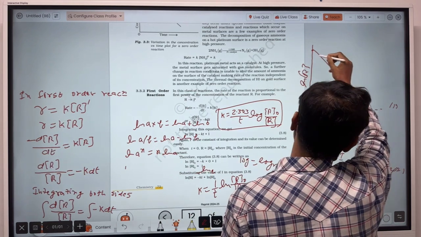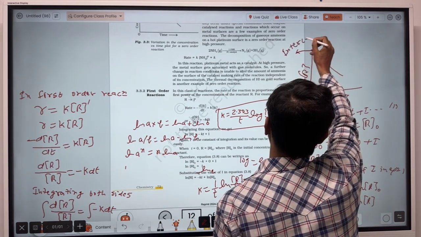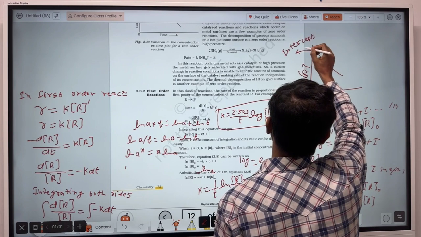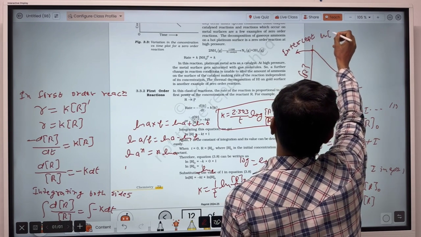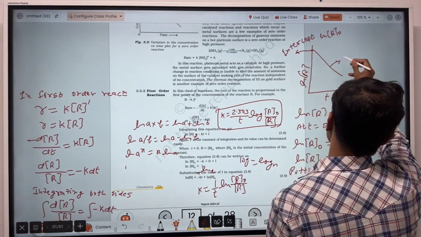From here it will decrease. So the intercept will be ln R naught, and the slope will be minus k.